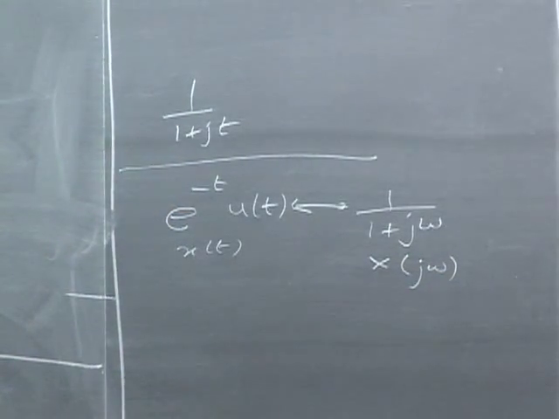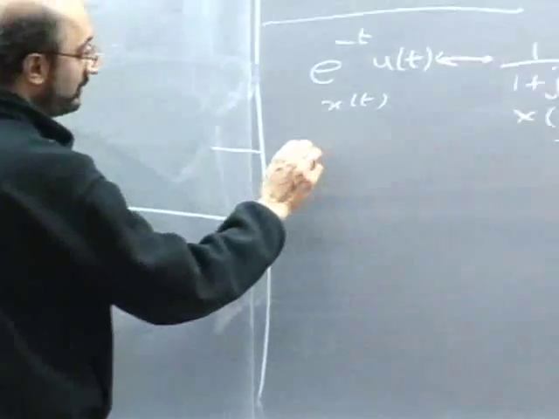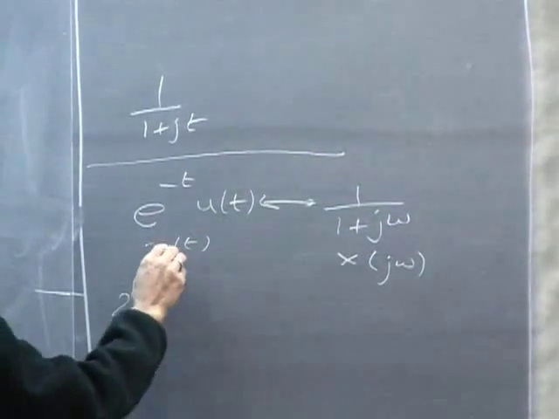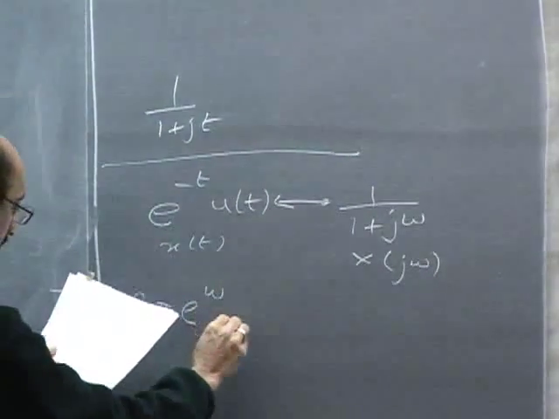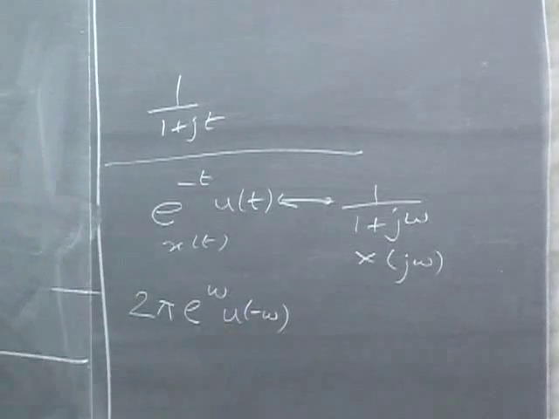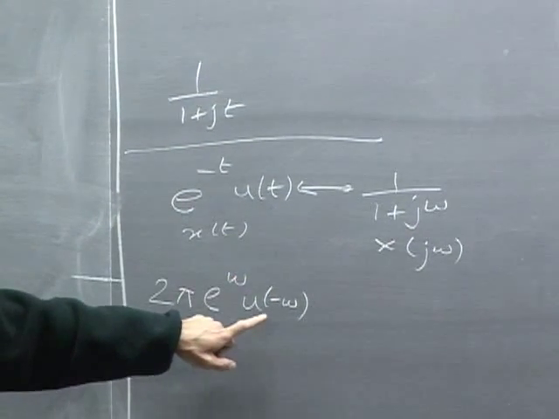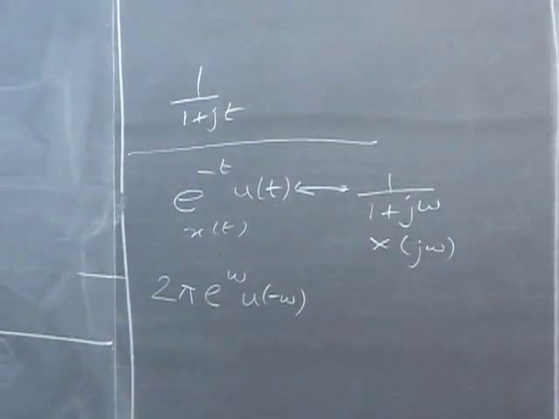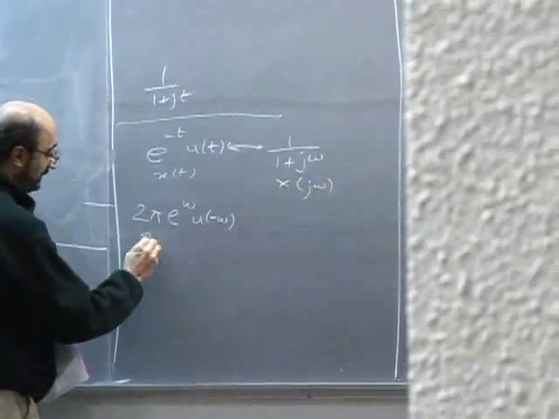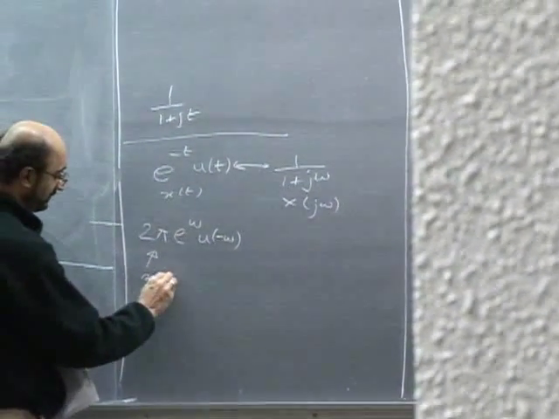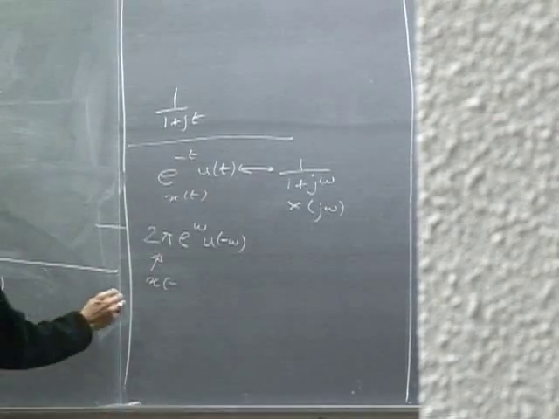So what is 2 pi x of minus omega? 2 pi x of minus omega is going to be 2 pi e to the omega u of minus omega, because I'm going basically from t to minus omega, so this is going to be x of minus omega.